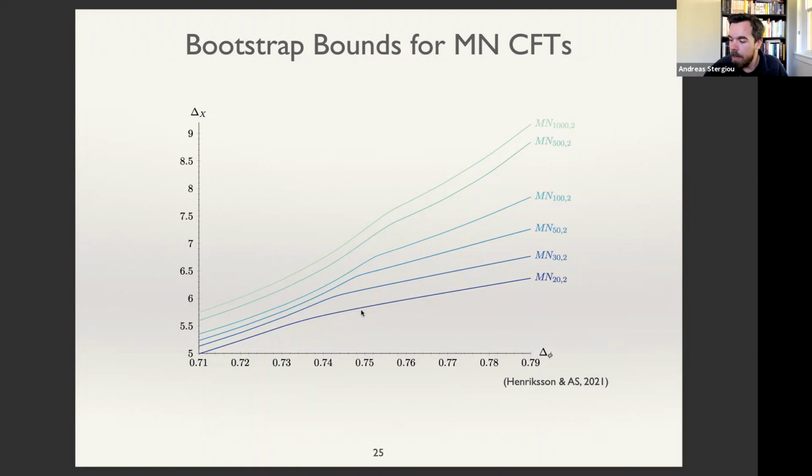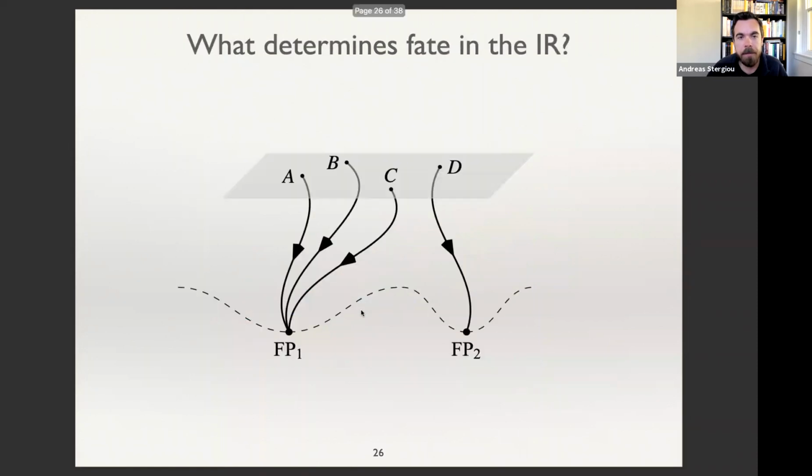Okay, so this is what I had to say about these ferromagnets, and I think this is an important question, in particular for the stacked triangular antiferromagnets I showed you: if there are really truly two different universality classes, one has to ask what determines the fate of the theory in the IR.